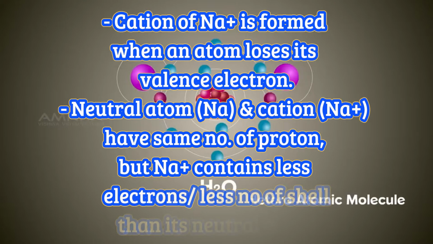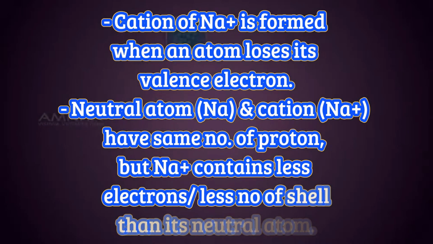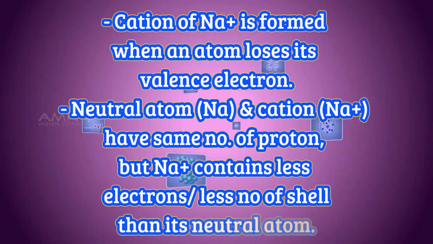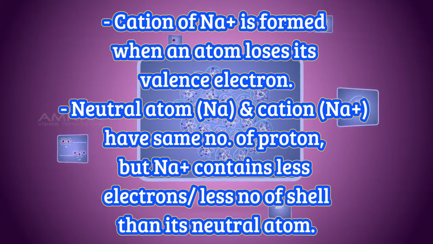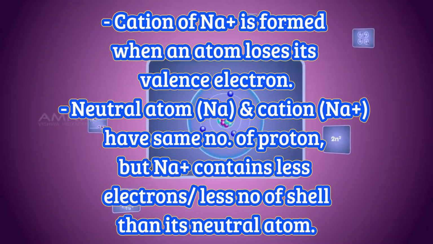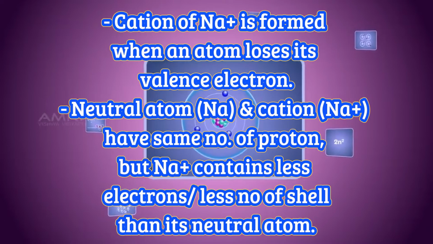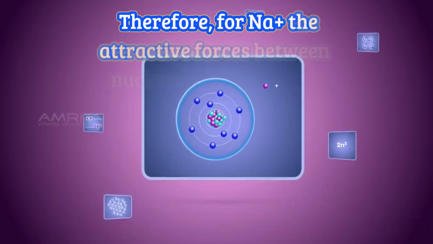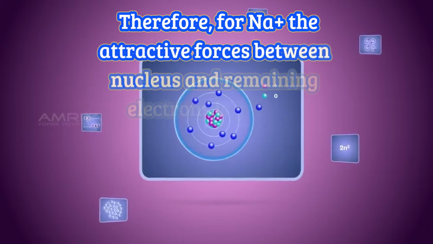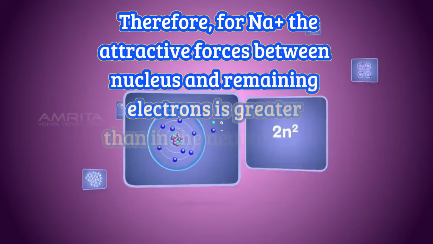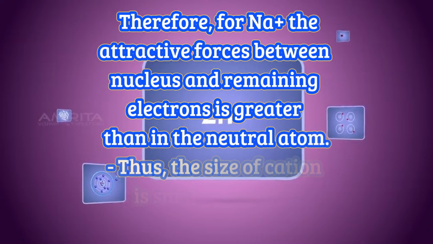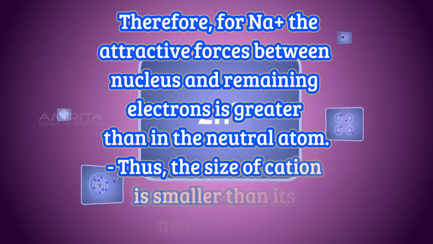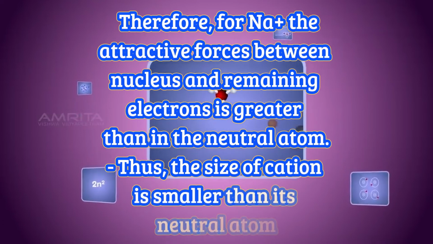Then, neutral atom Na and cation Na plus have the same number of protons, but Na plus contains fewer electrons, or fewer shells, than its neutral atom. The fourth point is therefore, for Na plus, the attractive force between nucleus and remaining electrons is greater than in the neutral form. Thus, the size of the cation is smaller than its neutral atom.